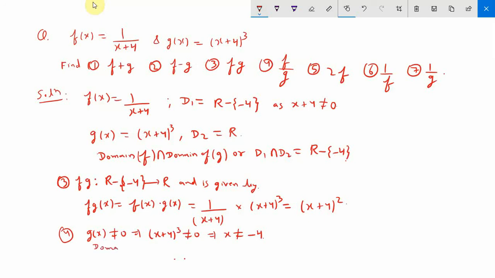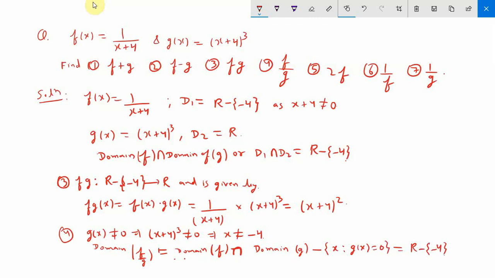So domain of f by g will be equal to domain of f intersection domain of g minus x such that g(x) equal to 0. So from this we will get R minus {minus 4}. Okay.